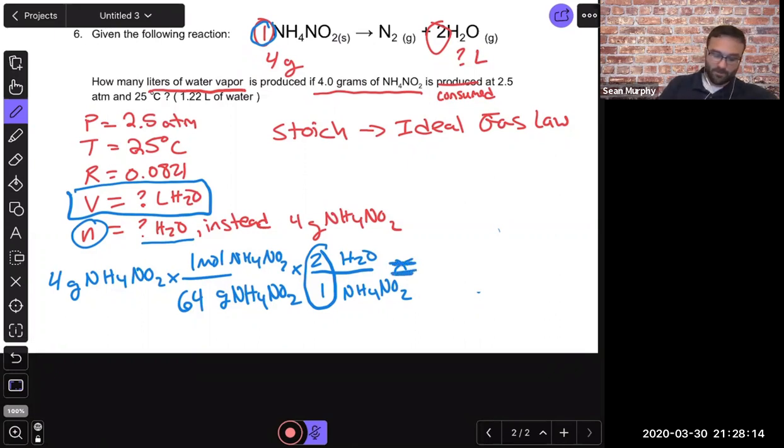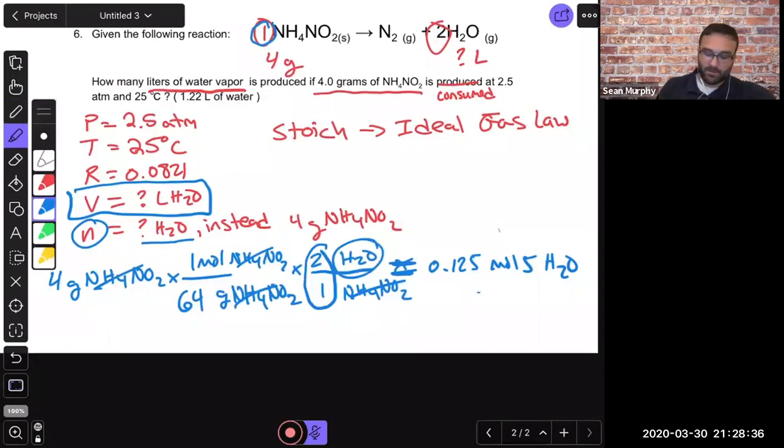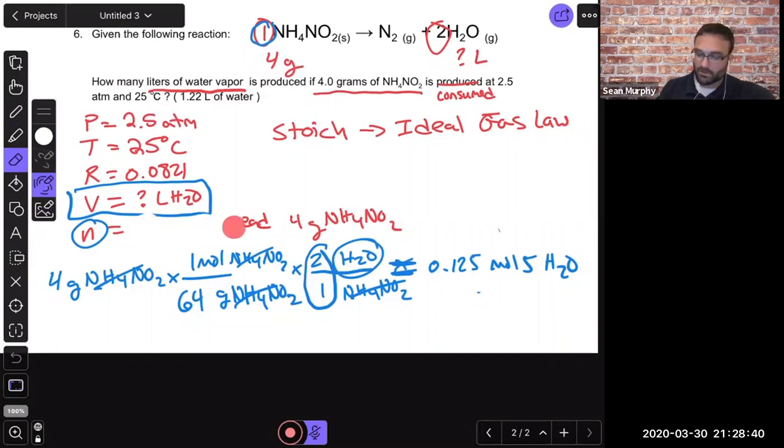So we have 4 divided by 64 times 2 is 0.125 moles of water, because NH4NO2 canceled, which leaves us with water. Now that we have our moles of water, we can plug and chug.